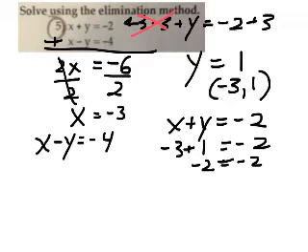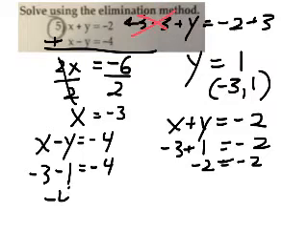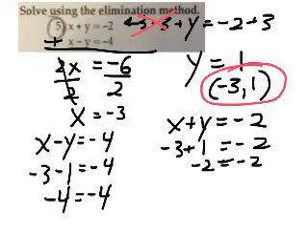Let's see if it works here. -3 is our x, minus whatever the y is, which is 1. Does that equal -4? -3 minus 1 is a -4. So -4 equals -4. Yes, it works. So that is the answer through elimination.